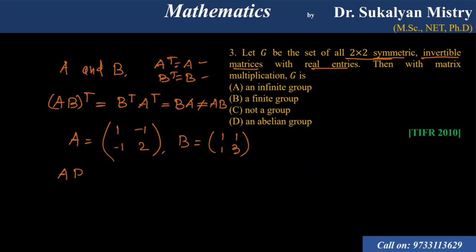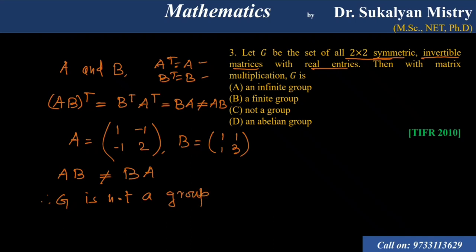Here AB is not equal to BA, so AB transpose is not equal to AB, so this is not a group, so therefore G is not a group.